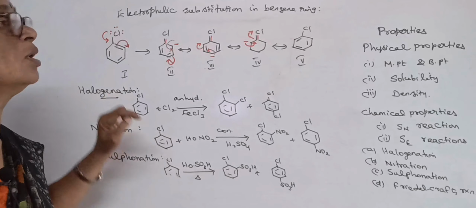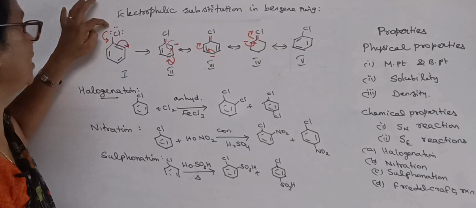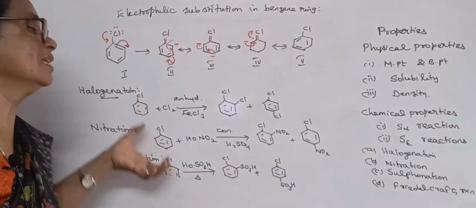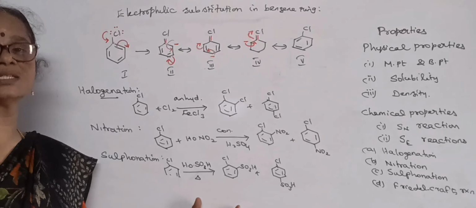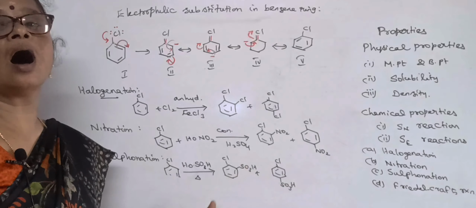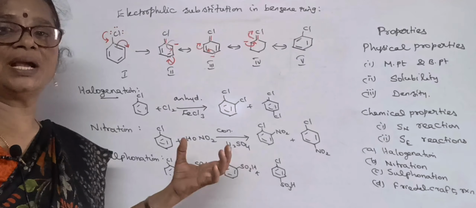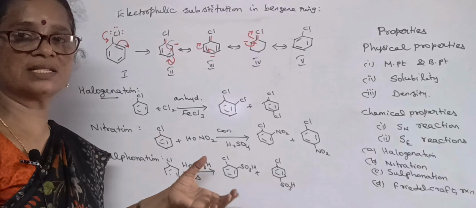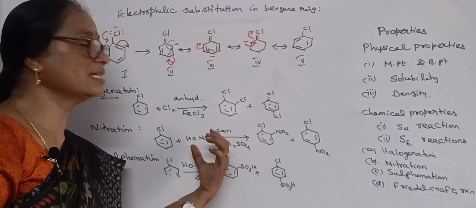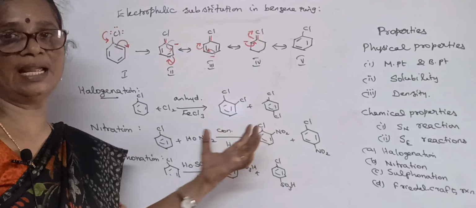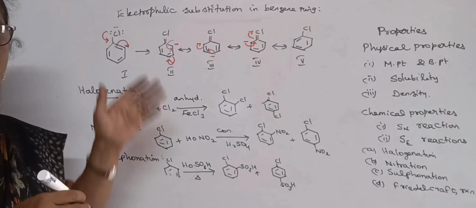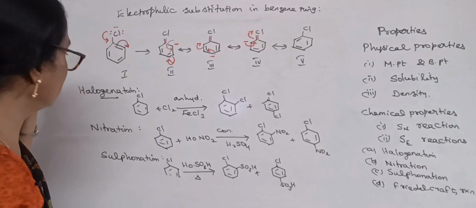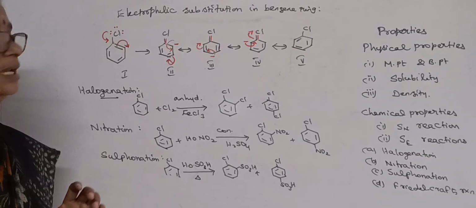But due to the deactivating property of halogen on the benzene ring, the reactions require a strong catalyst or reagent, because the self-ionization of the groups cannot take place. Already we discussed the resonance stabilization of chlorobenzene. Now let us go into the reactions.